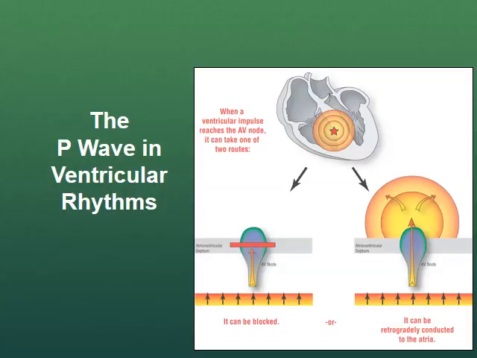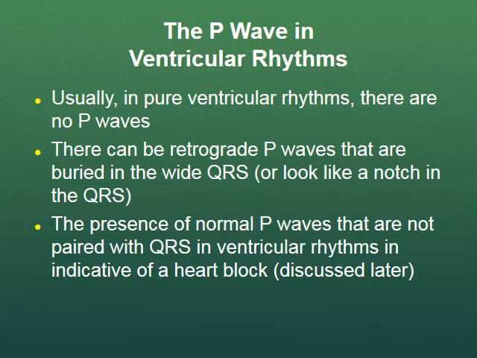It can either be blocked from leaving the AV node so that it just stops there and depolarizes the ventricles only, or it can be retrograde conducted into the atria and also depolarize the atria. So it really depends. But more than likely, in most pure ventricular rhythms, you don't have any P wave.